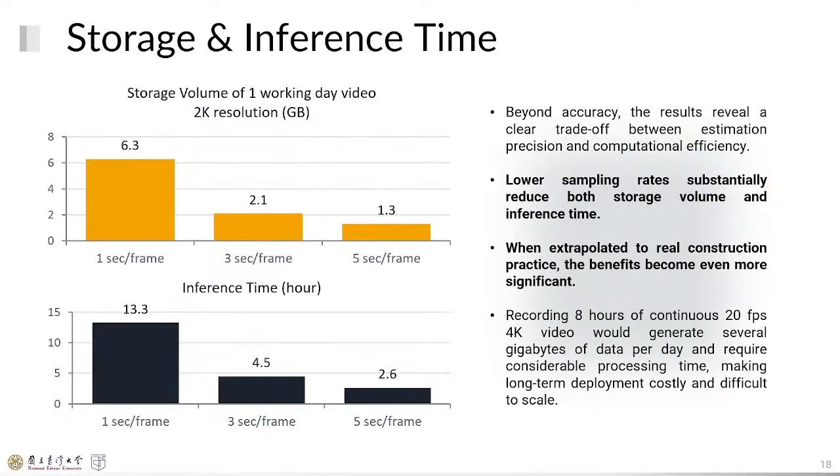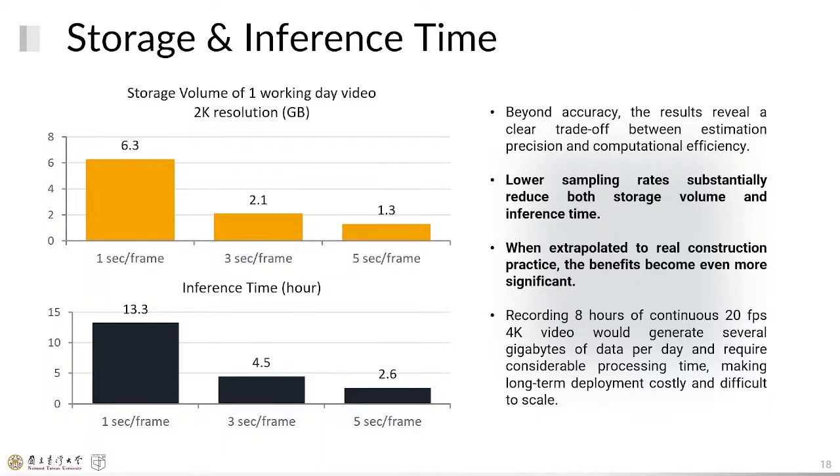For storage and inference time, we tested 1 second per frame. If we count it for 1 working day of videos at 2K resolution, it is around 0.3 gigabytes per video. And if we downgrade it to 3 seconds per frame or 5 seconds per frame, it reduces the storage capacity to around 1/3.